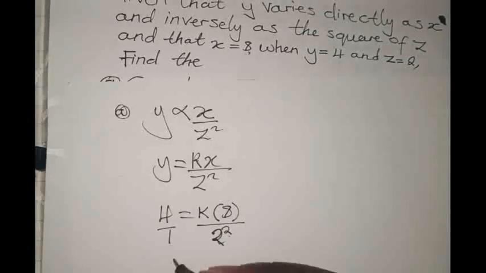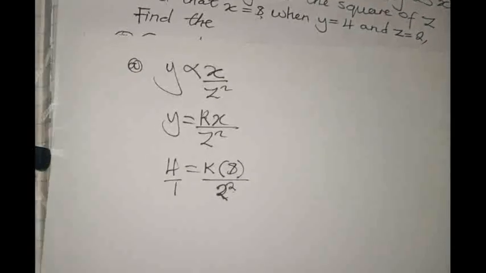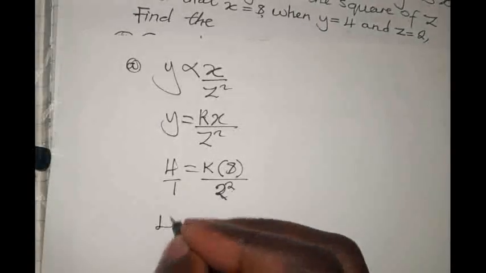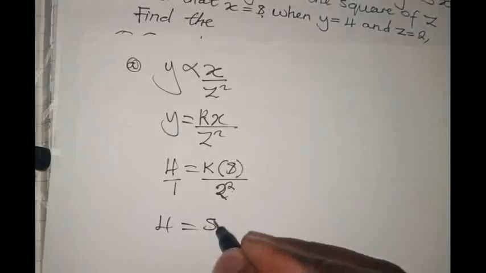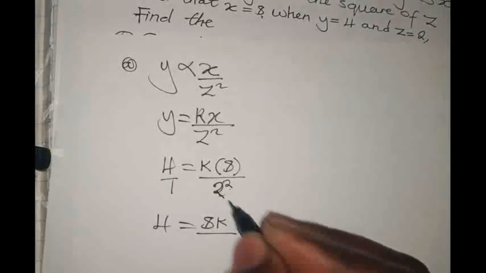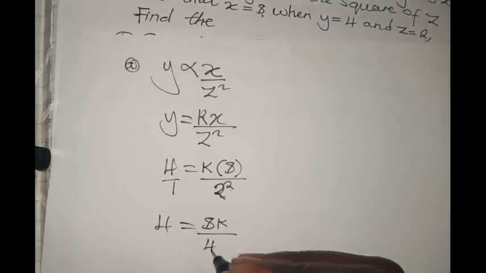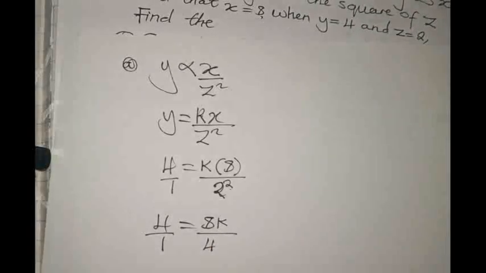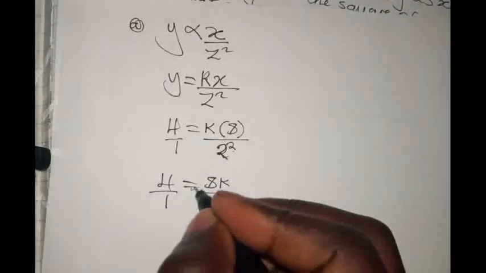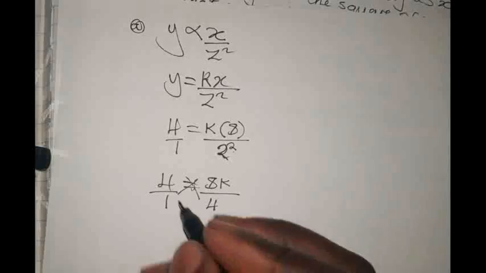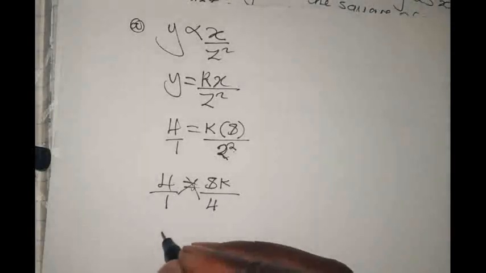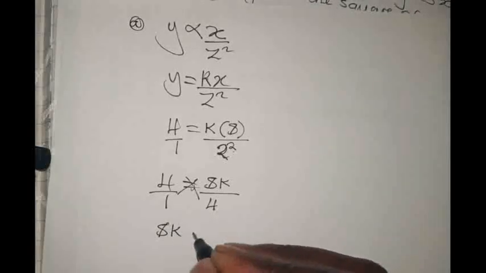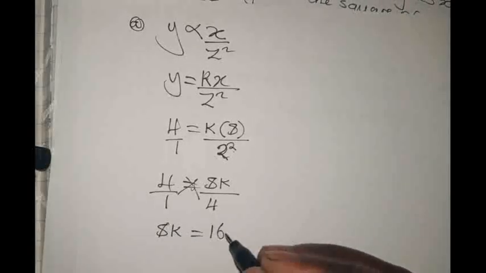Then 4 is equal to 8k over, what is 2 squared? It's 4, over 1. Then we cross multiply: 4 by 4 gives us 16, and 1 by 8k is 8k, so 8k is equal to 16.